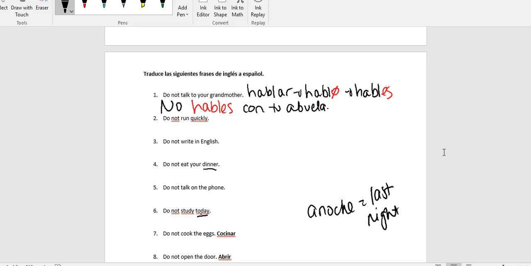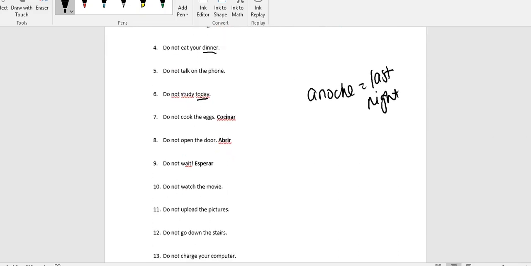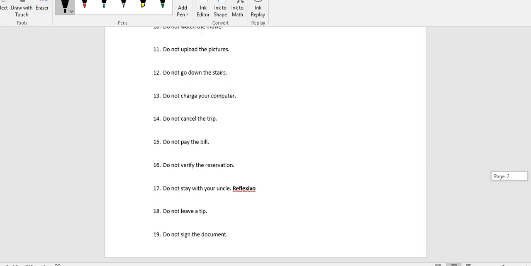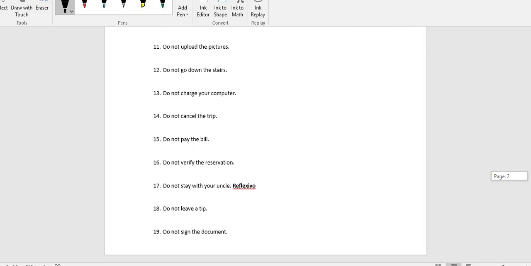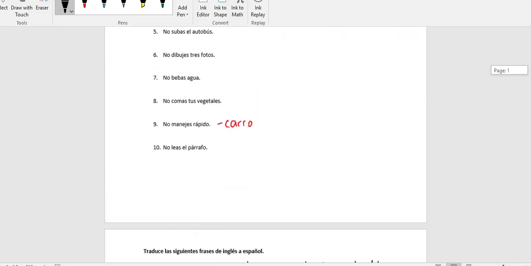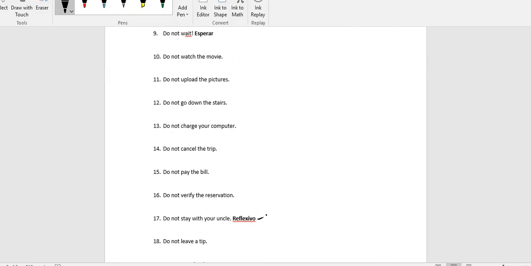Try to problem solve through that to say today or tonight. Cook is cocinar. Open, abrir, wait is esperar. This, by just so you're aware, is a reflexivo, which means you're going to have an IOP in it. Sorry guys, I don't know what my computer's doing right now. Okay, so you are going to have an IOP in it.